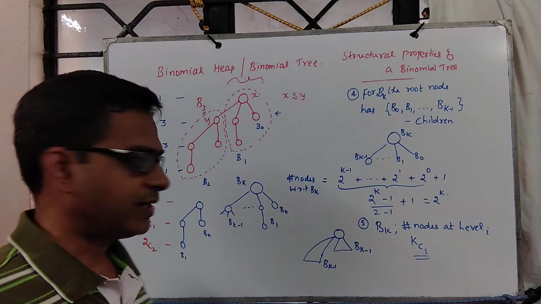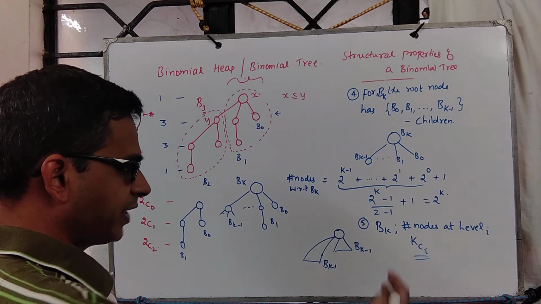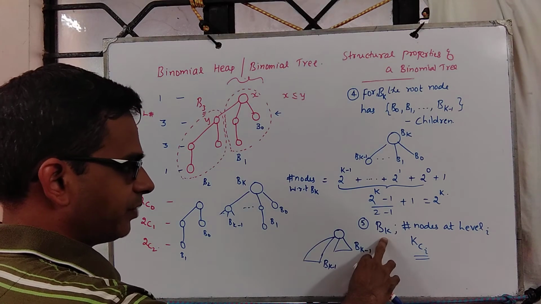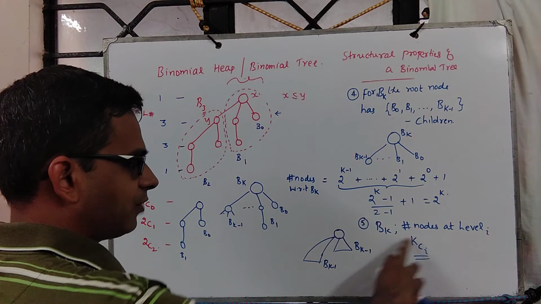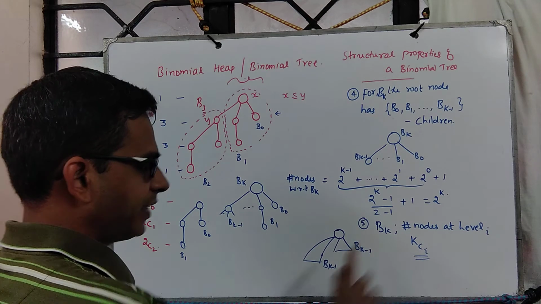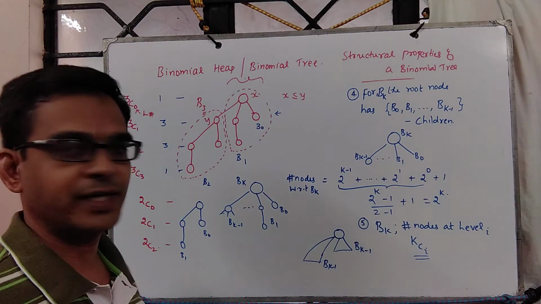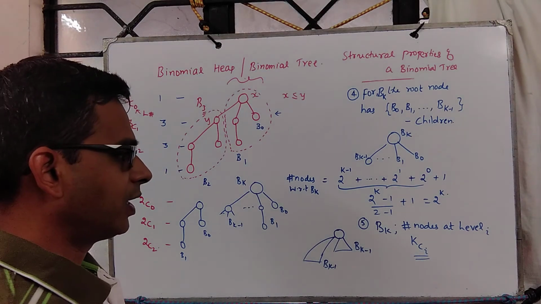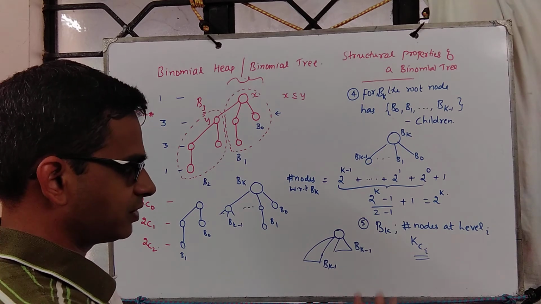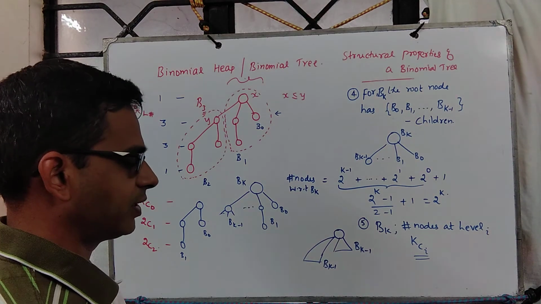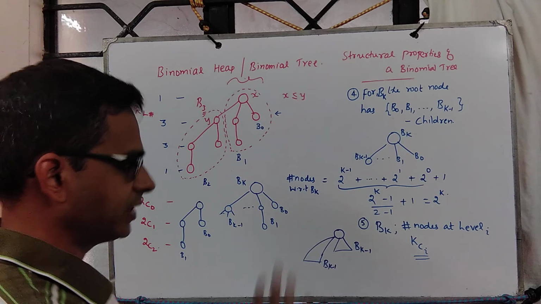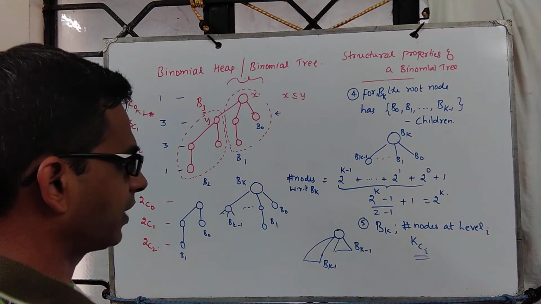In some sense, I am trying to prove that the number of nodes at level I of BK is K choose I using mathematical induction. If K is 0 or 1, you can put it in the base case and we can see that K choose I is true.